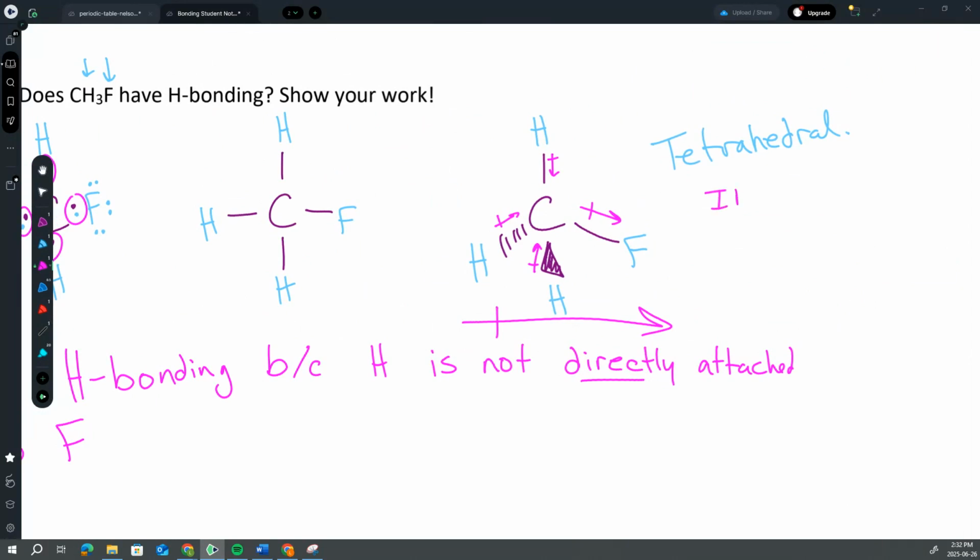So I'm just going to write intermolecular forces present. London dispersion forces, so LDF stands for London dispersion forces, and dipole-dipole forces.